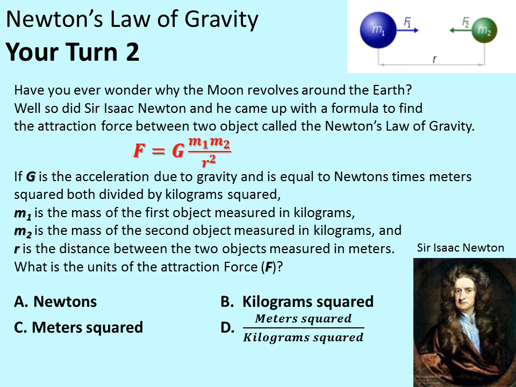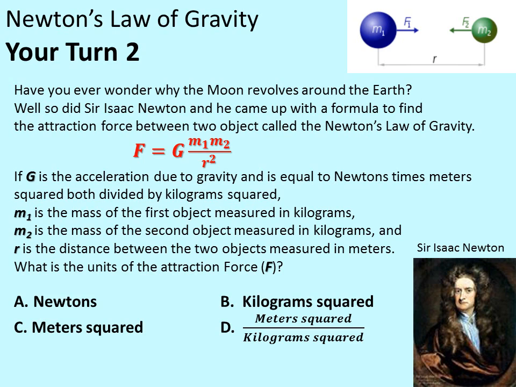Think about where they're going to go in your equation. R is the distance between the two objects measured in meters. What we're going to want to find out is what is the unit of attraction of the force F. Okay, you're on your own. When you are done, you need to turn this into your teacher.